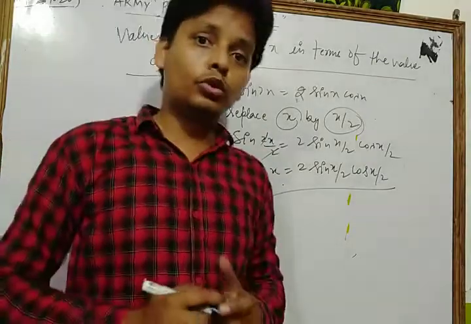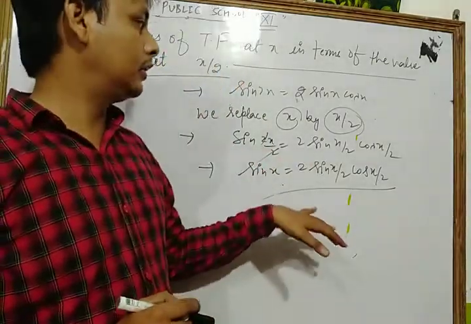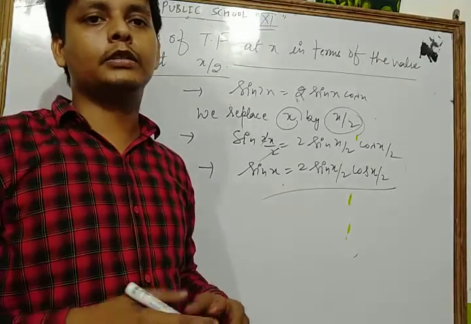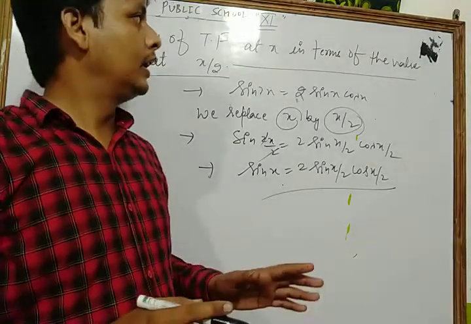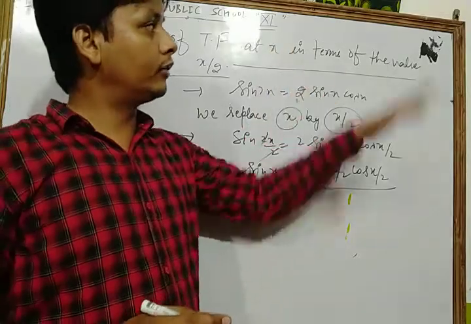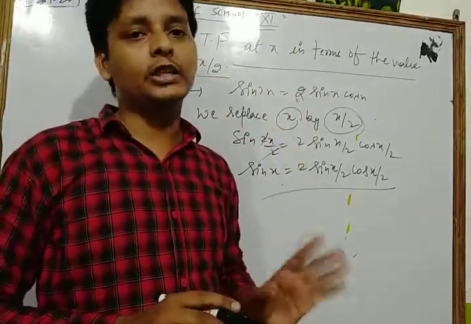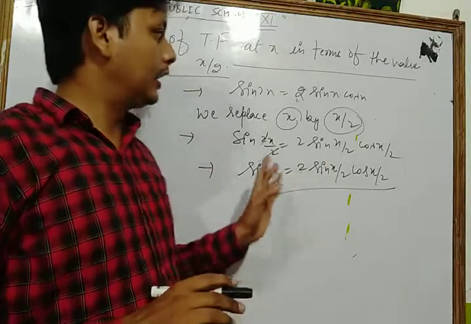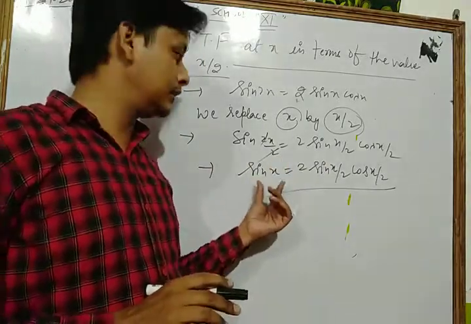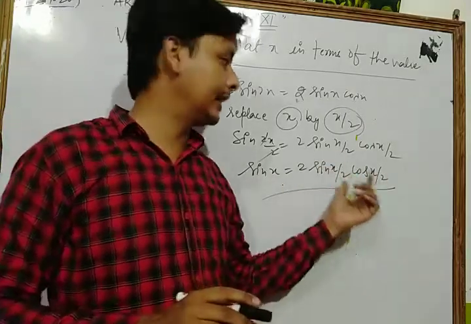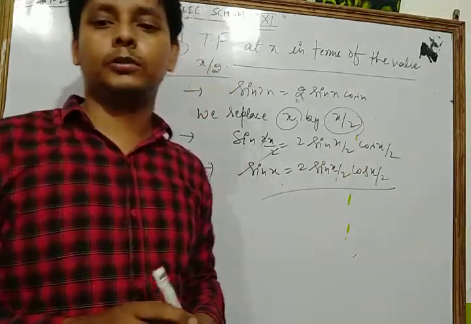Okay, so we learn all the formulas of cos 2x, tan 2x, etc. in terms of the values at x by 2, just by replacing x by x by 2 in each and every formula. In this way, we get the new results of trigonometric functions at x in terms of the values at x by 2.